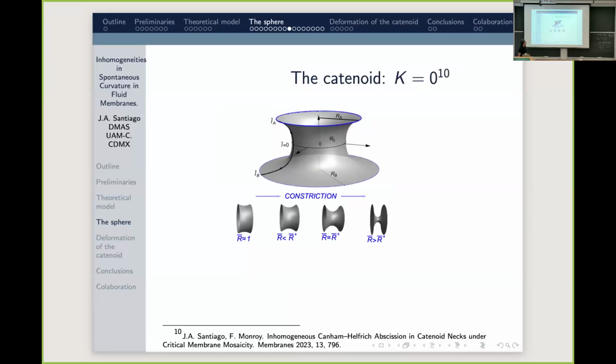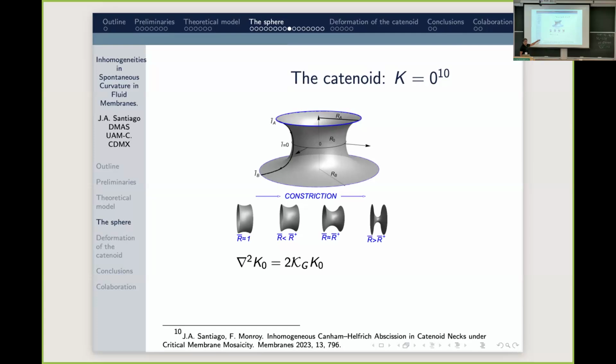For instance, take the catenoid. It's a minimal surface. Then we have parameterized the catenoid with this curve with arc length L that is equal to 0 in the waist of the catenoid, and the corresponding radii A and B, LA, LB, and so on, right?